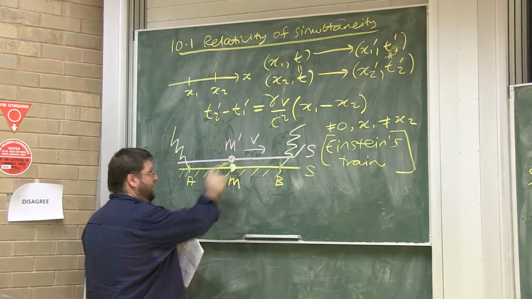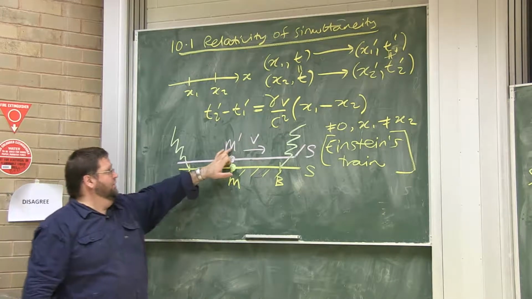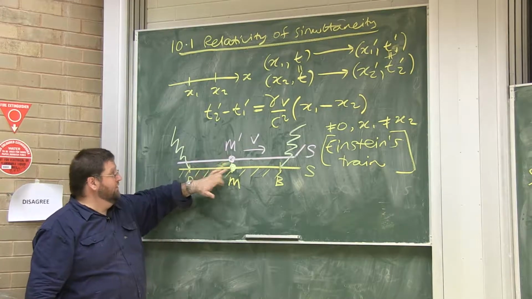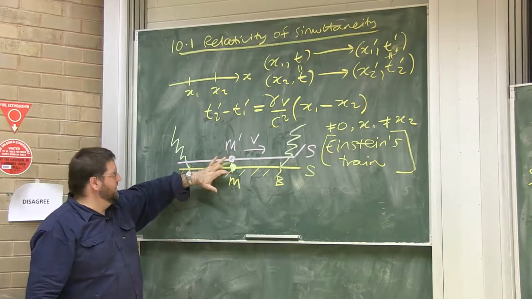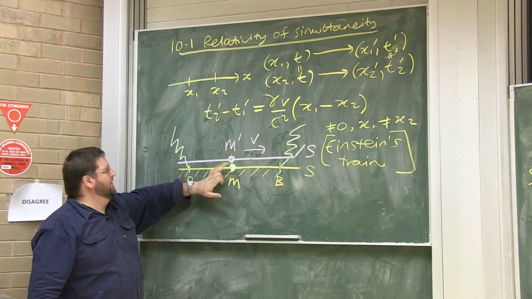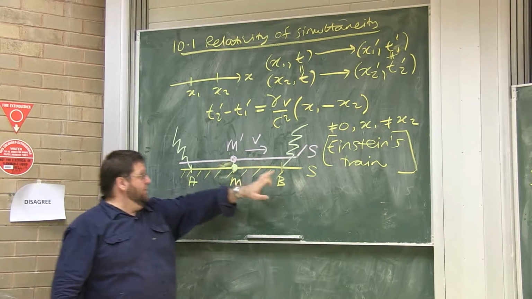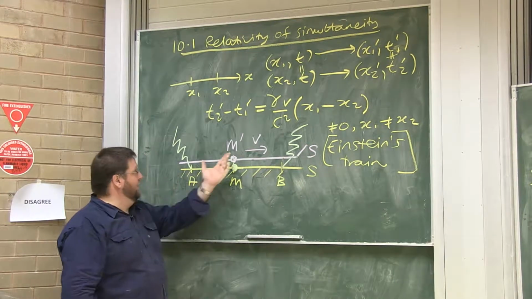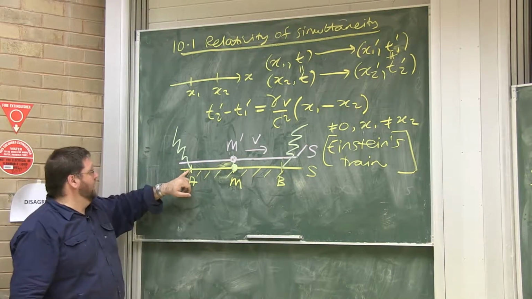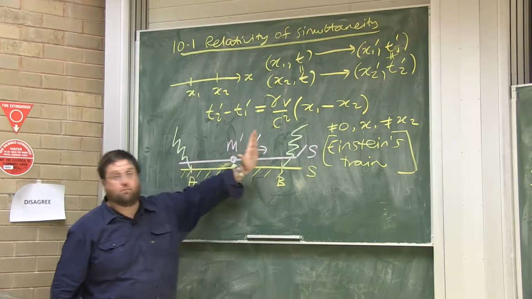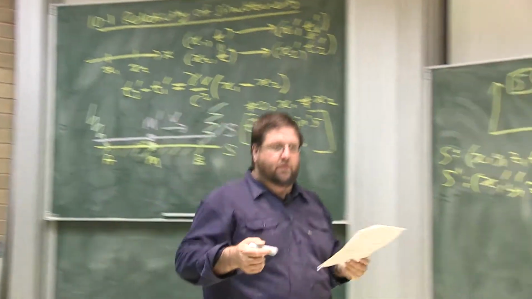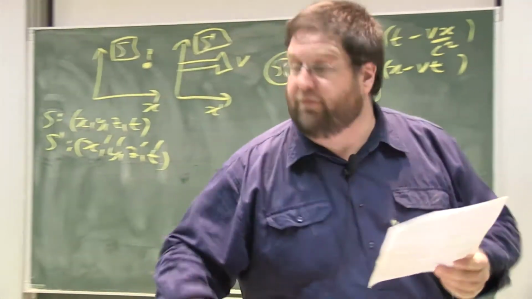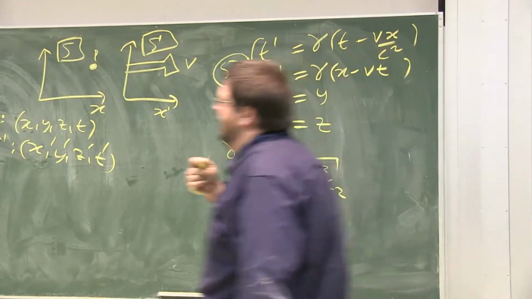The moving observer M prime is moving relative to S, and the idea of motion has no absolute meaning, only relative motion. M prime is moving relative to M, and the light from B will strike M prime before the light from A strikes M prime because M prime is moving to the right. Hence, M prime will say that the event lightning struck B occurs before the event lightning struck A.